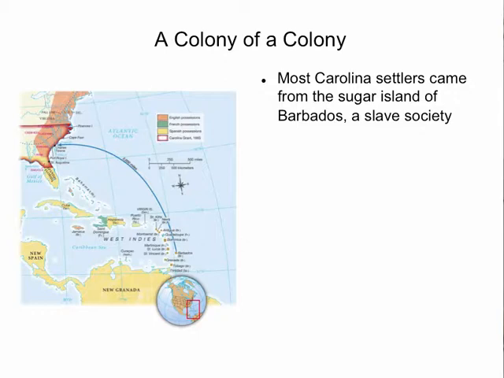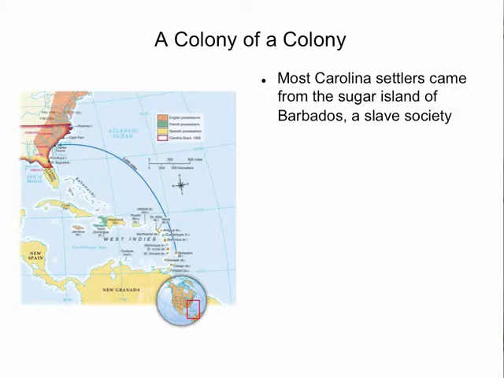Tobacco being a very labor-intensive crop, they needed a lot of laborers in Virginia to grow that crop. And when they could not find enough white indentured servants, they then turned to African slaves, which is one way that tobacco had a huge impact on the future history of the Virginia colony. But in Carolina, the situation was different.